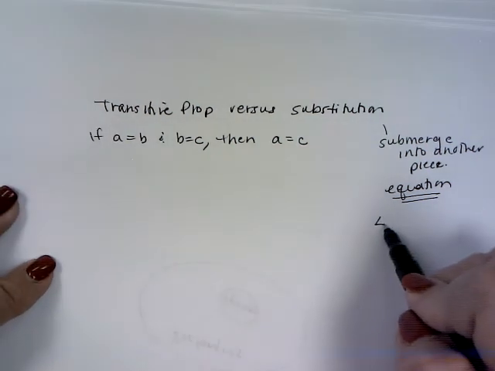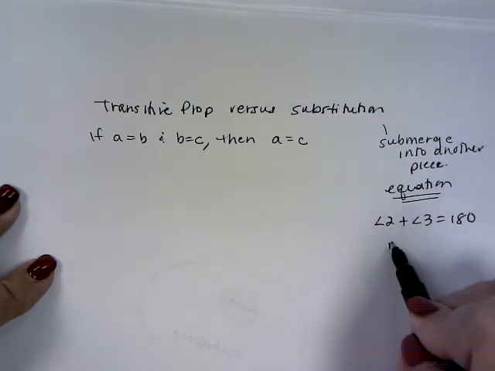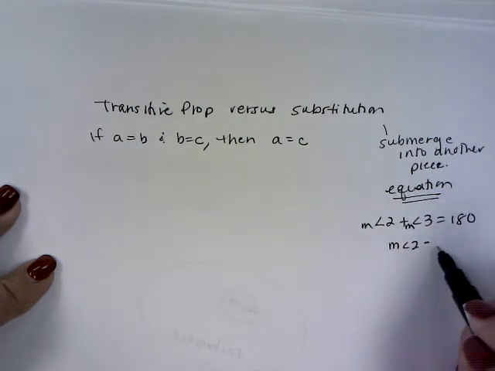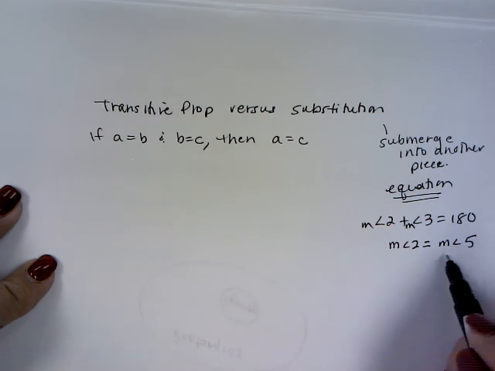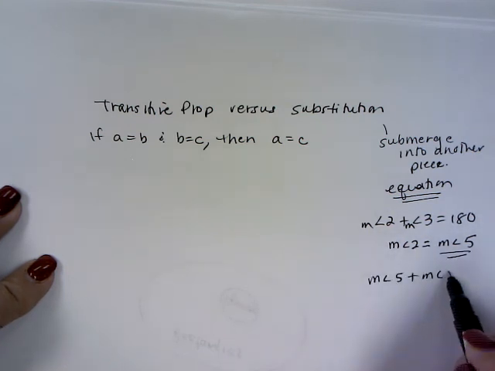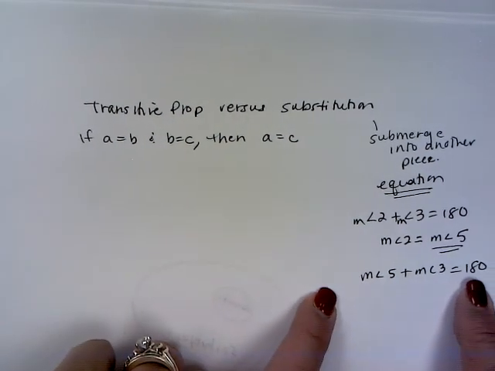If I've got angle 2 plus angle 3 equals 180, and the measure of angle 2 equals the measure of angle 5, then this is going to be substituted into that equation.